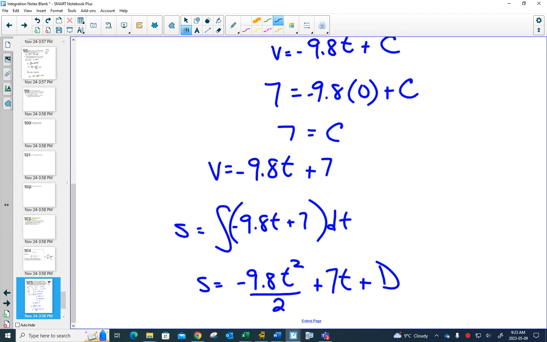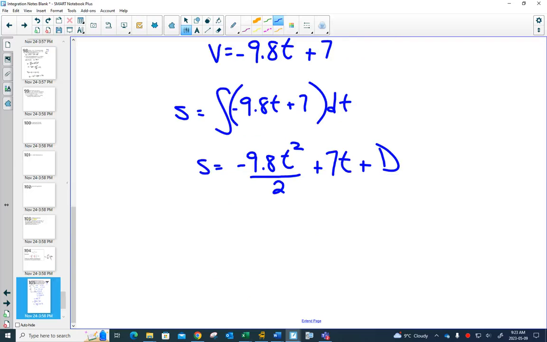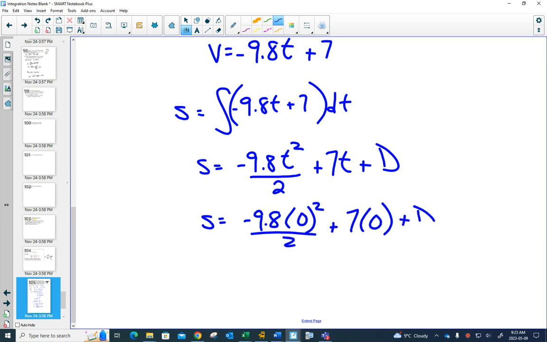Since we know the initial displacement is 75, I can easily solve for d to be 75. That gives our displacement formula: negative 4.9t squared plus 7t plus 75.